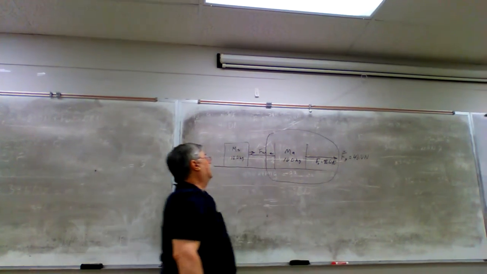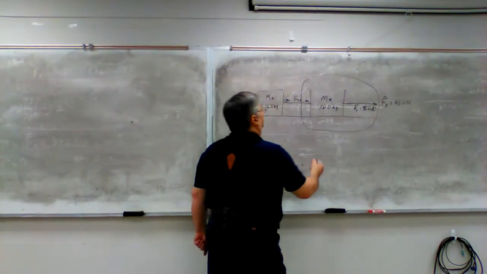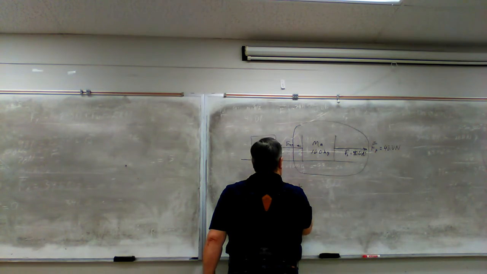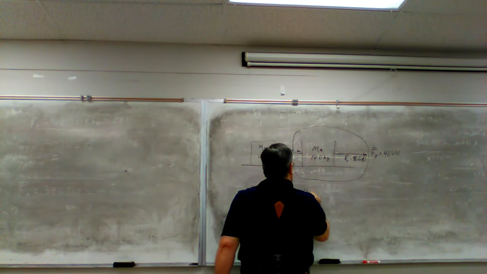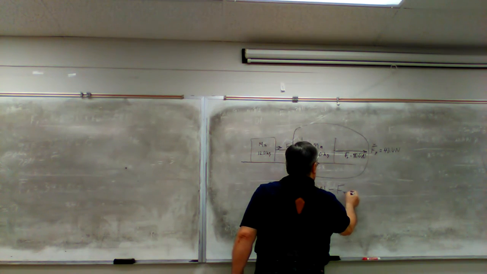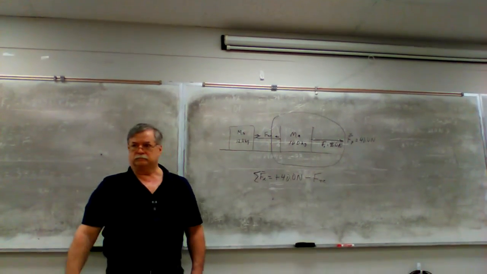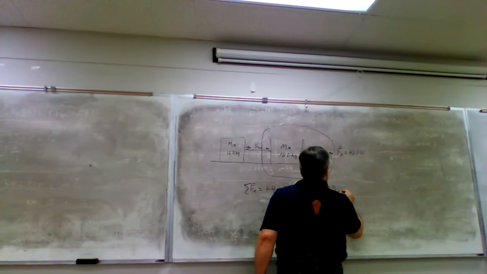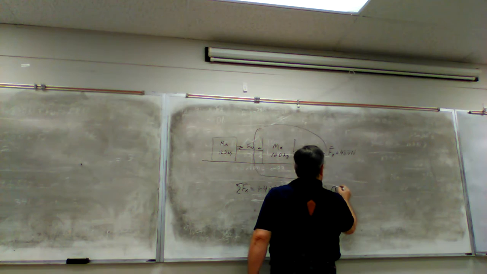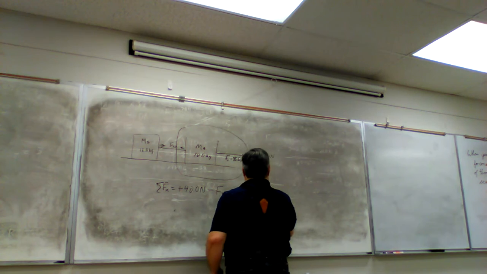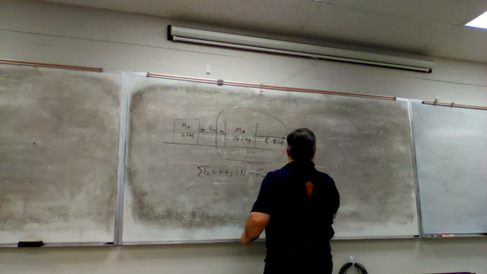What is the vector sum of the forces in the horizontal? It's plus 40.0 newtons minus force of tension 2, and that equals mass A times acceleration of A in the horizontal, acceleration A sub x.